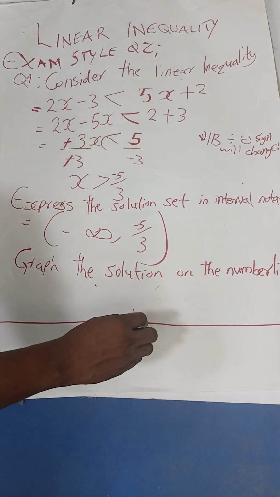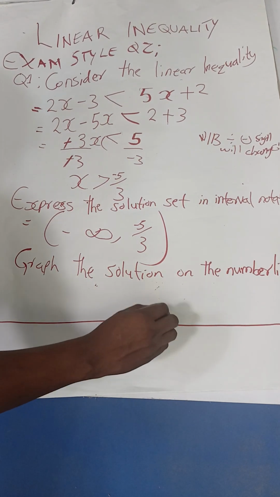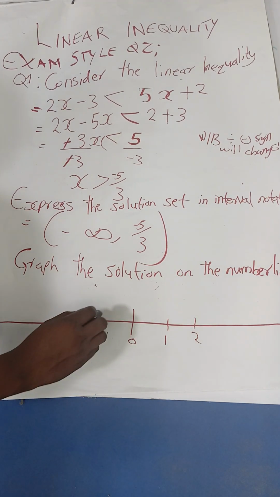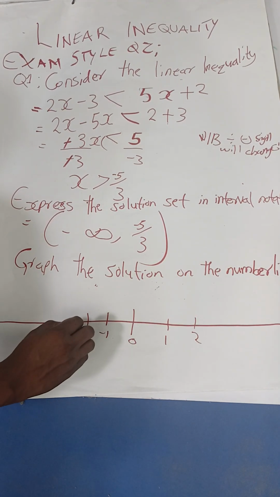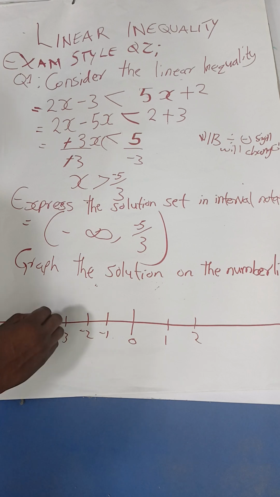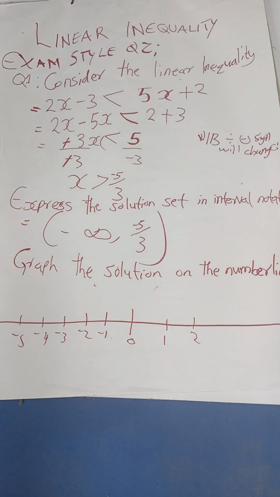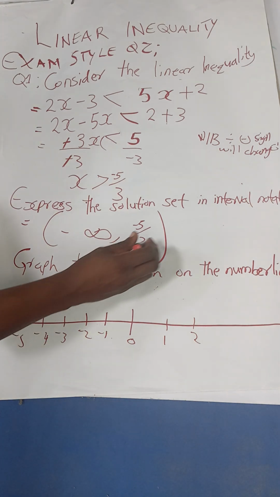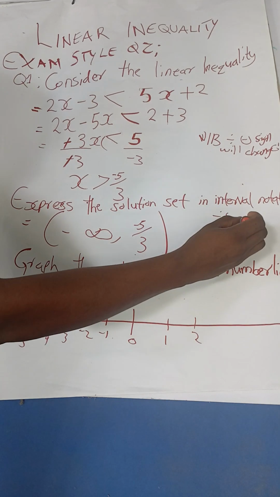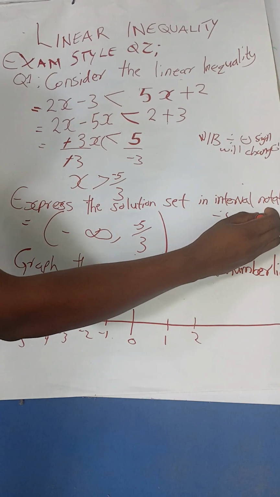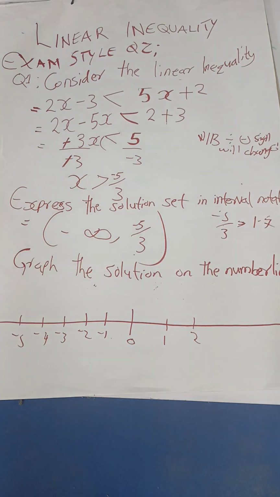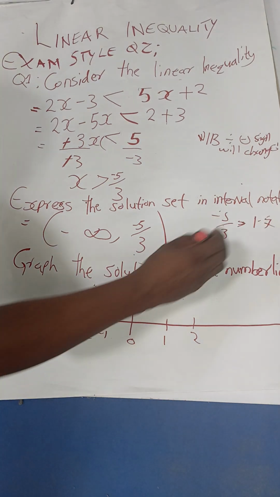Maybe go this side, we can say this is 0, this is 1, maybe 2. Then you have -1, -2, -3, -4. We have -5. So 5 divided by 3 is what? 1.6, 1.7.